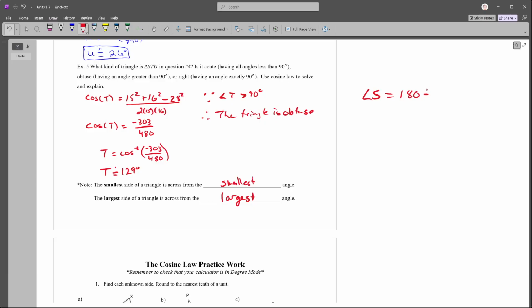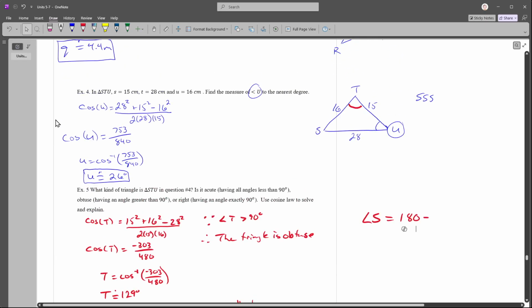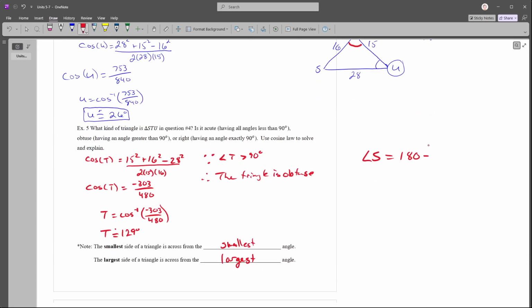Well, what angles do we know? Looking at our triangle up here, we know for a fact that U is 26 degrees. We also know that angle T is 129 degrees. And what you end up with for angle S is 25 degrees.